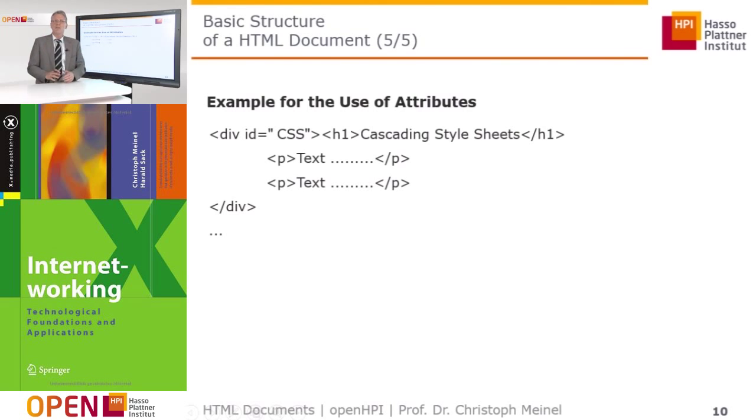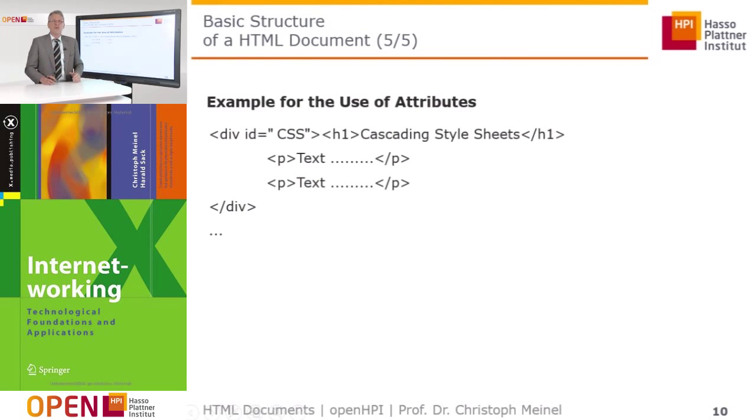So for example, in a book about the World Wide Web, this is the headline of the chapter that explains cascading style sheets. And then inside the chapter we have different paragraphs. Paragraphs start with a starting tag, then we have the text of this paragraph, and then we have an end tag. And of course in the chapter we have different such paragraphs.